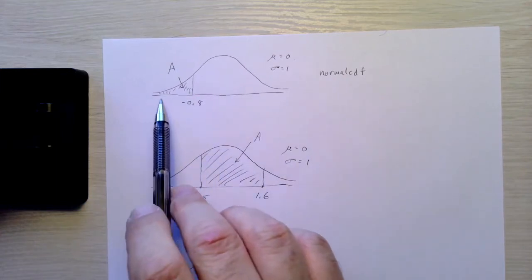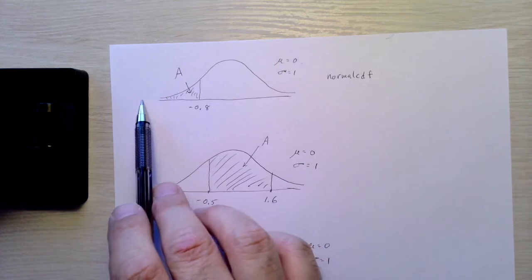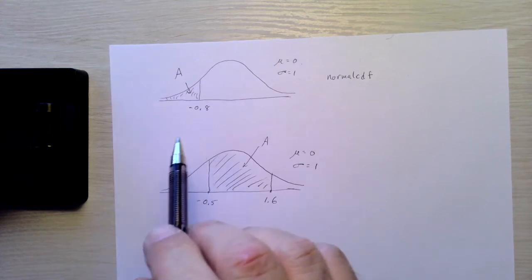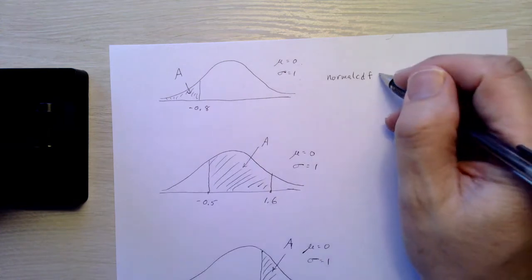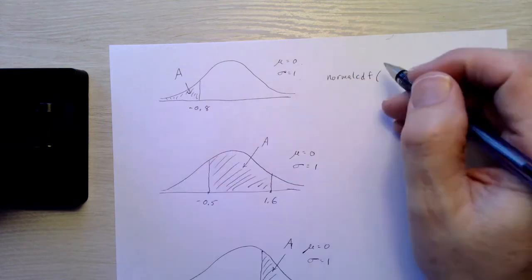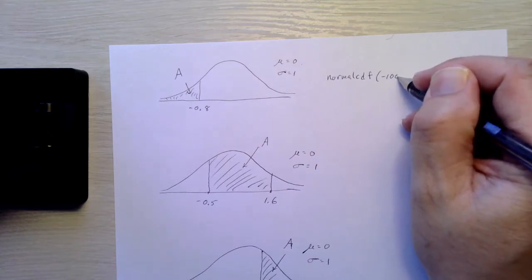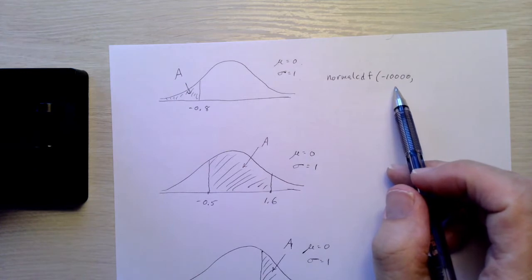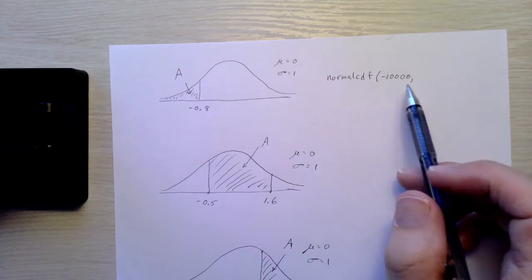Now in this case, this one goes all the way down to, technically, negative infinity. You may have negative infinity as a boundary on your calculator if it's advanced, but on mine I don't, so I just usually put negative 10,000. Any really big negative number like that will usually work, as long as it's far away from the mean, which in this case is 0.